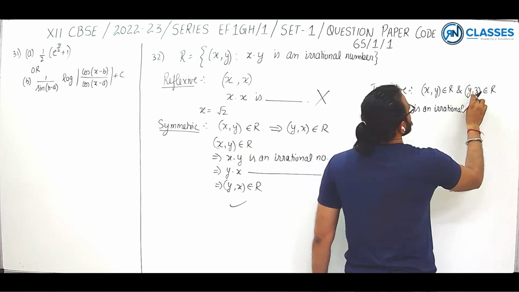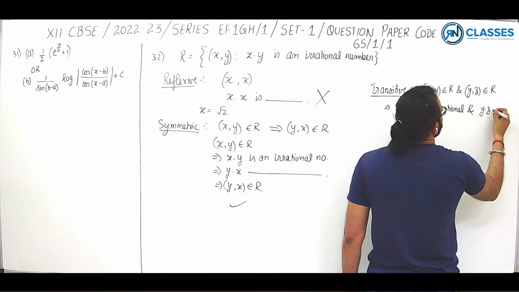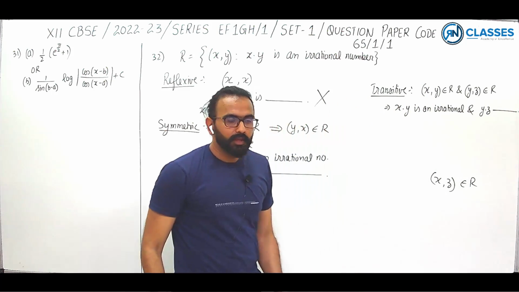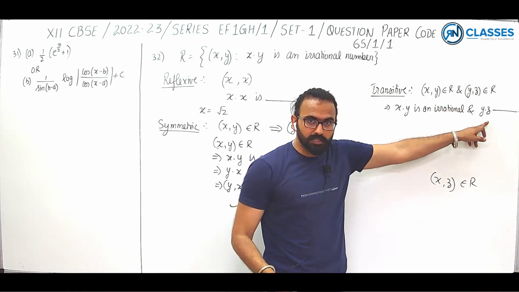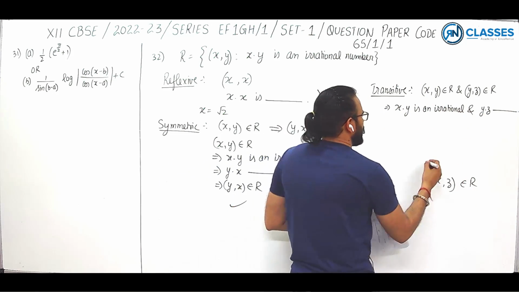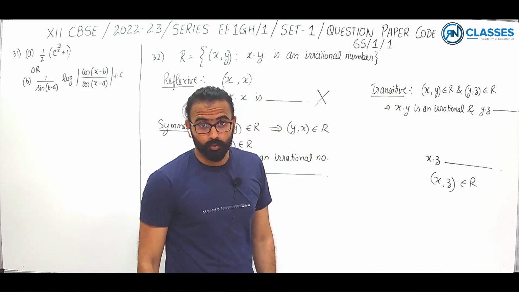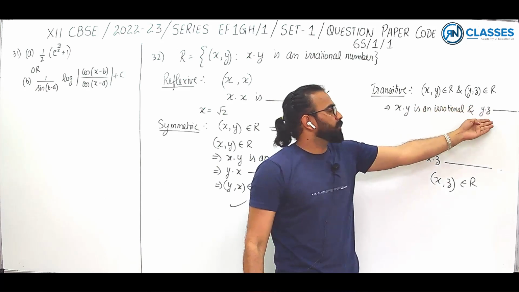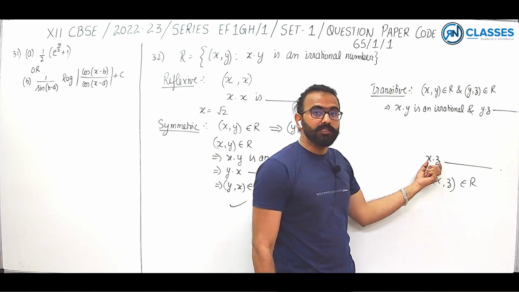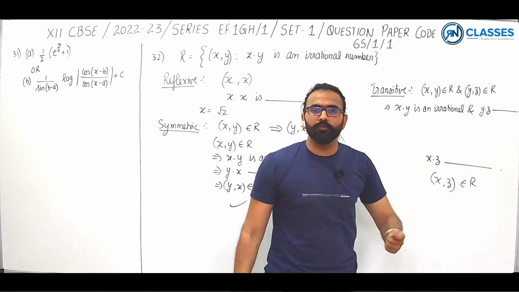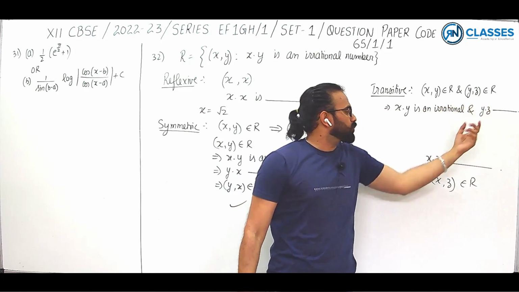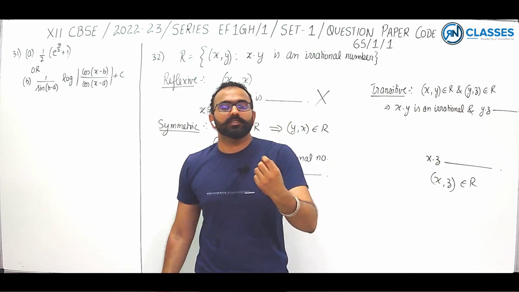And similarly y comma z relation R में है तो y into z is an irrational number. And from these two conditions, can we say x into z is also an irrational number? No. Because we need x into z. जैसे multiply करेंगे तो बीच में y square involve होगा. तो directly using these two we can't reach at this step.